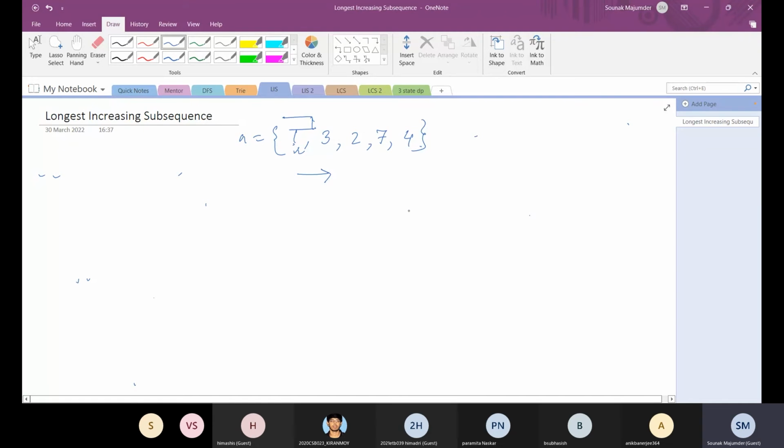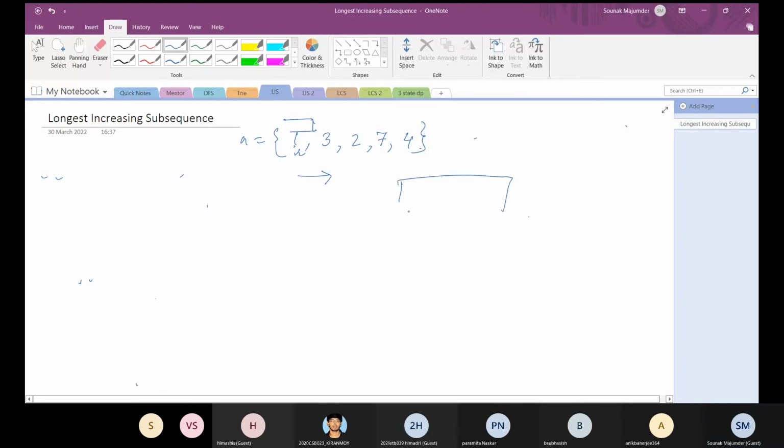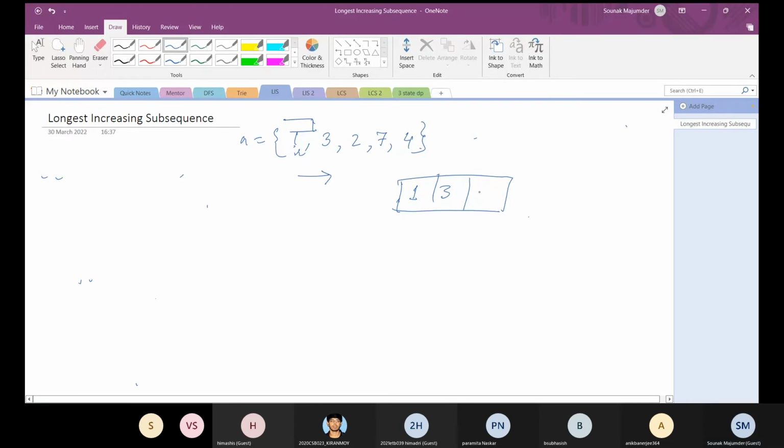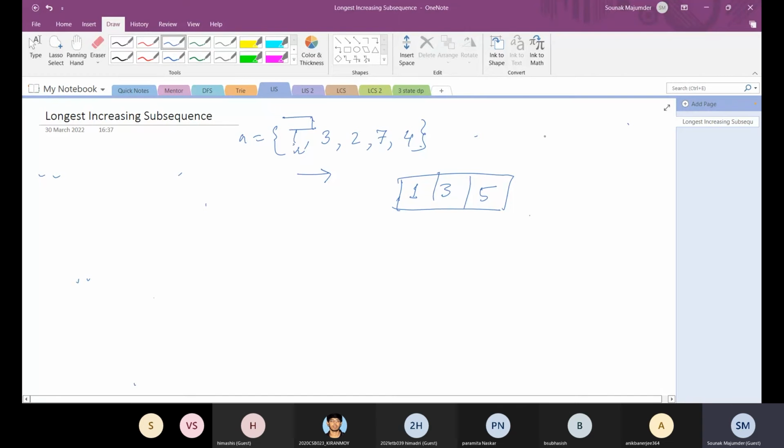Let me give an example. Say the longest increasing subsequence at some point is 1, 3, 5. Now the next element, say a 2, comes up. We can try to put 2 at some position such that it maintains this longest increasing subsequence, but at some point it reduces the value of the element, not the length.